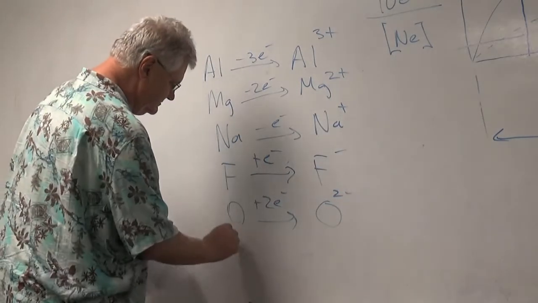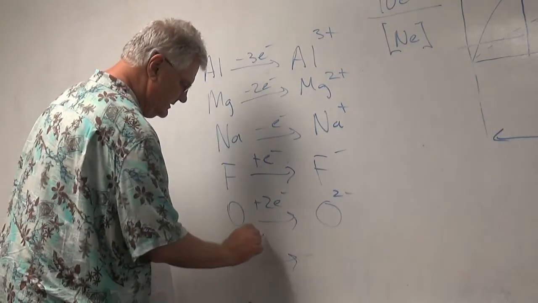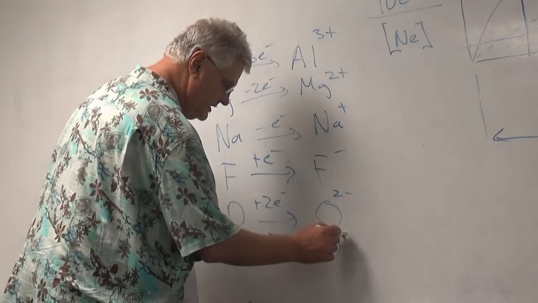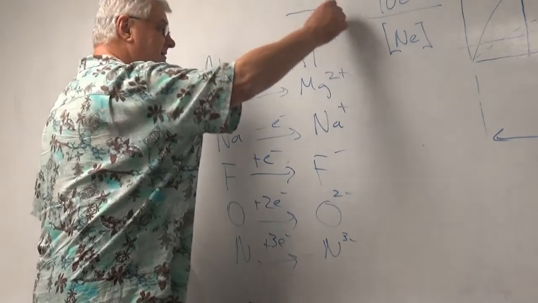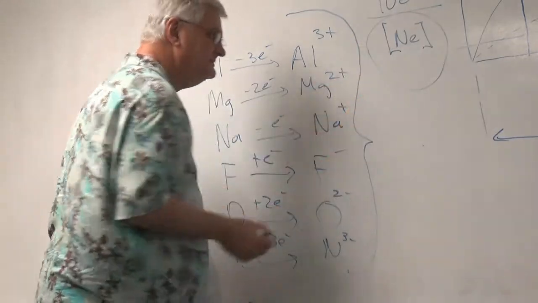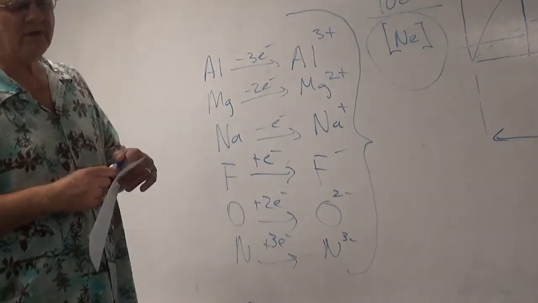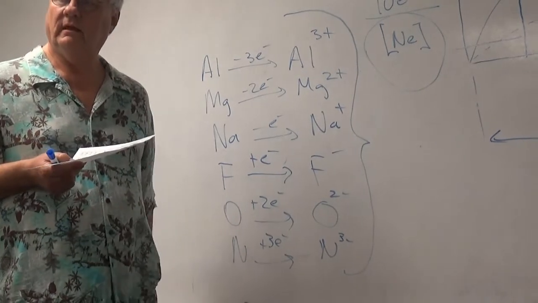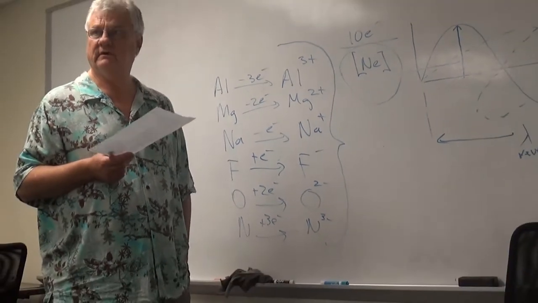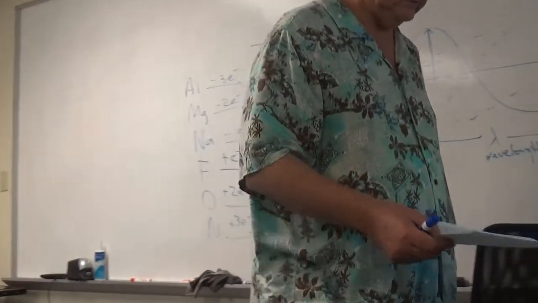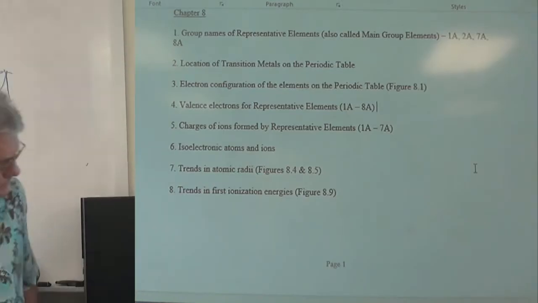And then nitrogen gains 3, you've got nitride. All of these are isoelectronic. They all have 10 electrons, and they all have the same electron configuration. Okay? And they're main group elements. Okay?